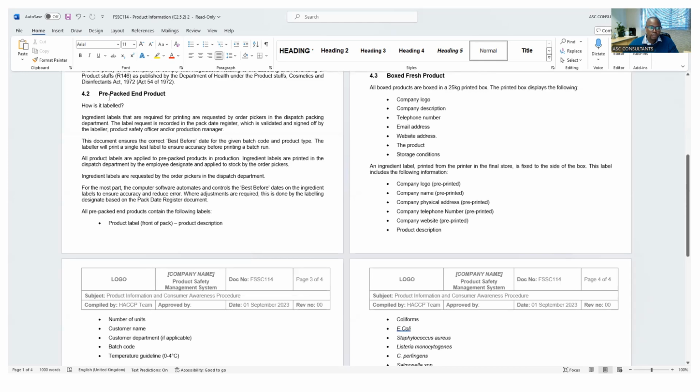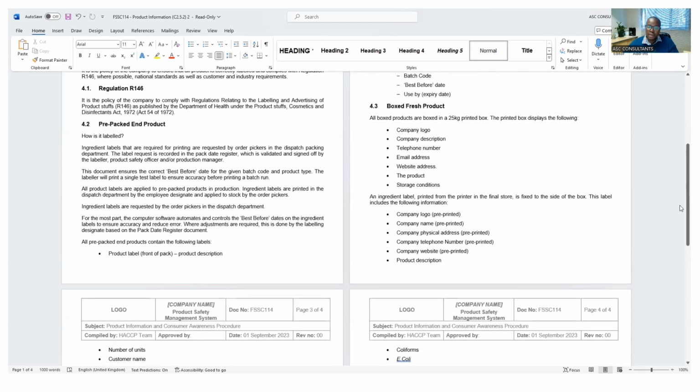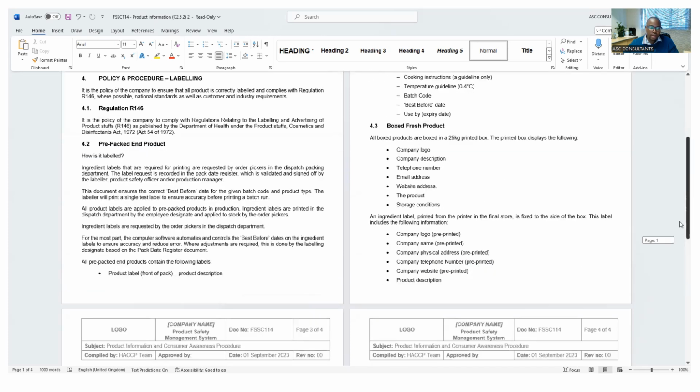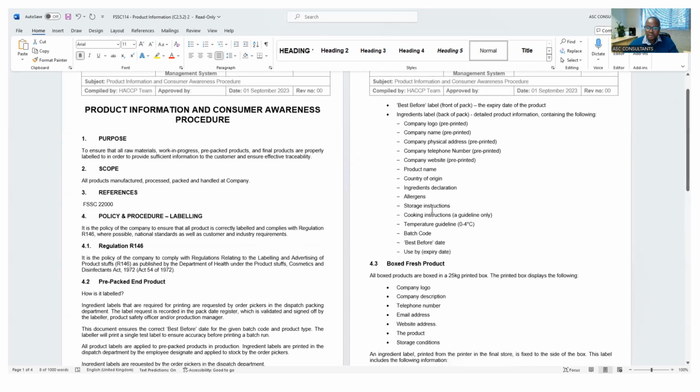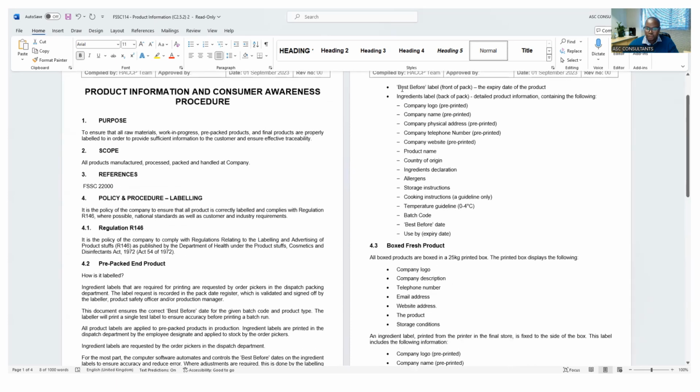So in terms of the procedure, it talks about how the pre-packed end product should be. We have examples where we indicate what should be in the labels of the pre-packed end product, so what should be contained and anything that goes with it. We have said that it will include the best before label.